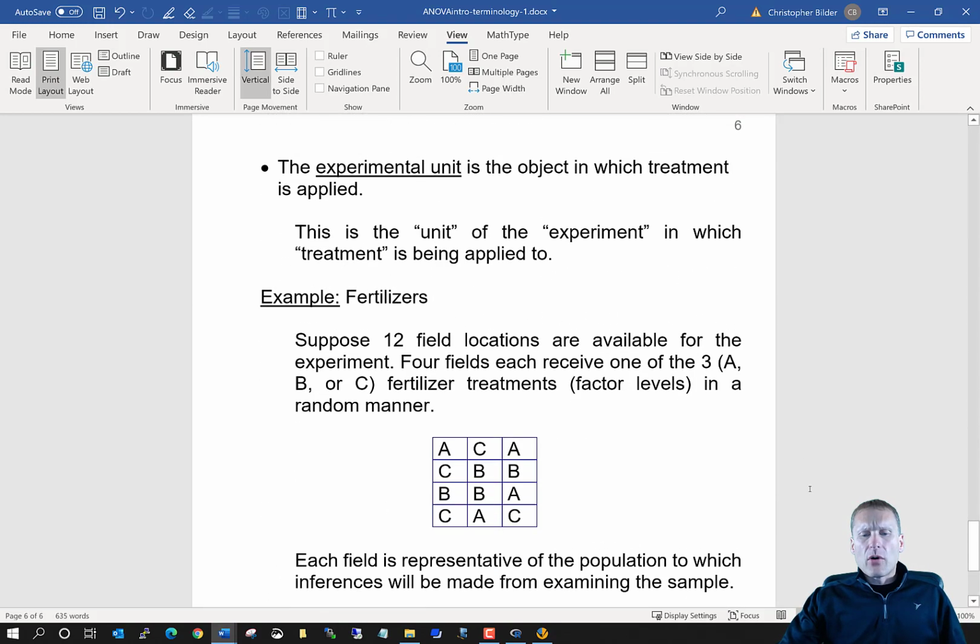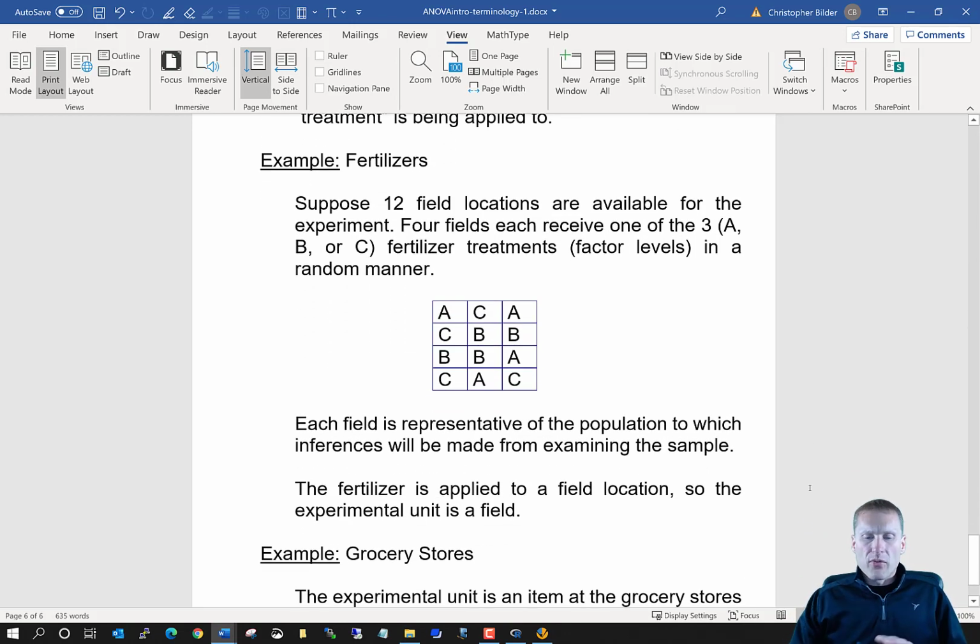We also can have what's called an experimental unit. The experimental unit is the object to which a treatment is being applied. With respect to the fertilizer example, our piece of land is the experimental unit. That's what we're going to measure. We're going to find the yield for that piece of land. Here's more of a breakdown. Maybe at some agricultural experimental station, we have a piece of land.